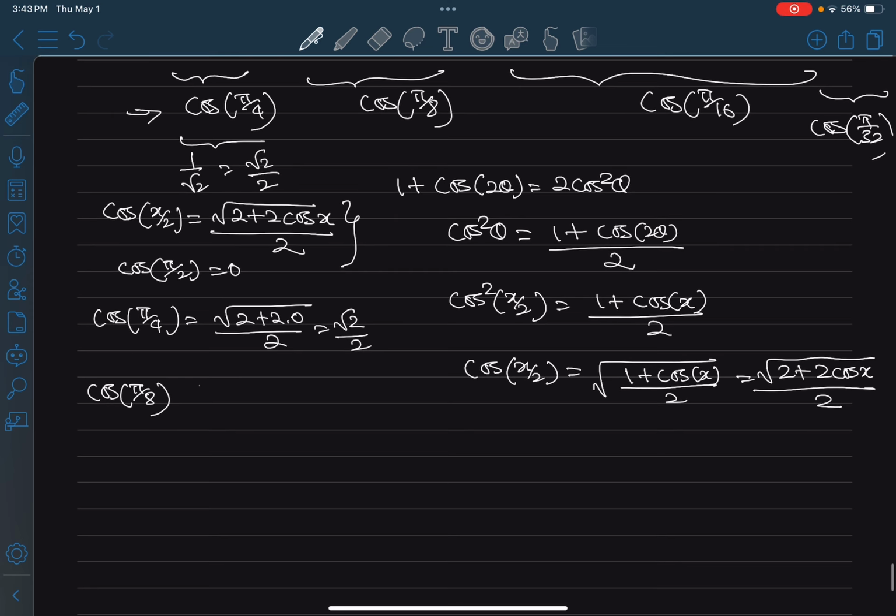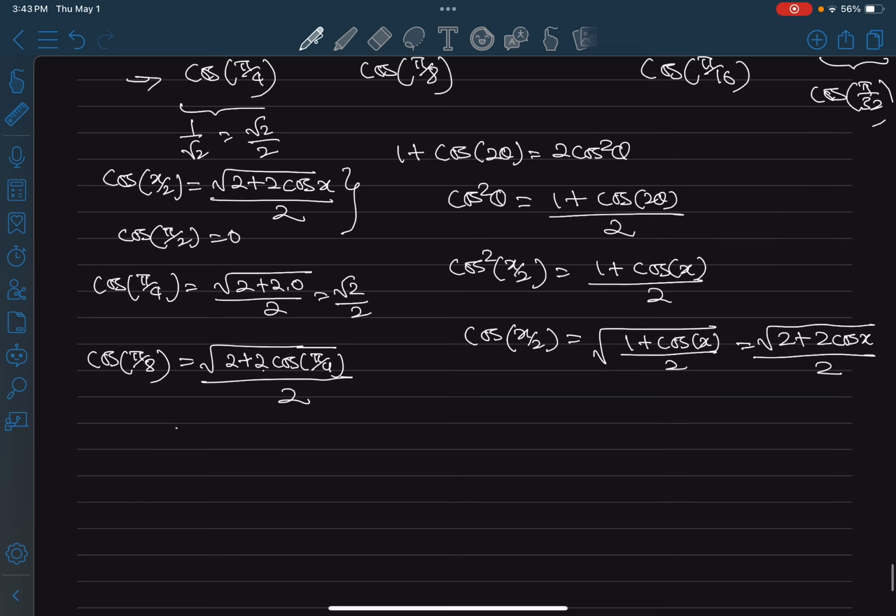For cos pi by 8, we will use the fact that this is 2 plus 2 cos pi by 4, divided by 2, right? But notice that cos pi by 4 also has 2 in the denominator, and there's also a 2 over here, and they cancel out. So if I write it, it will just be 2 plus 2 times root 2 by 2, divided by 2, and this 2 cancels out, which gives us the square root of 2 plus root 2, divided by 2, right?